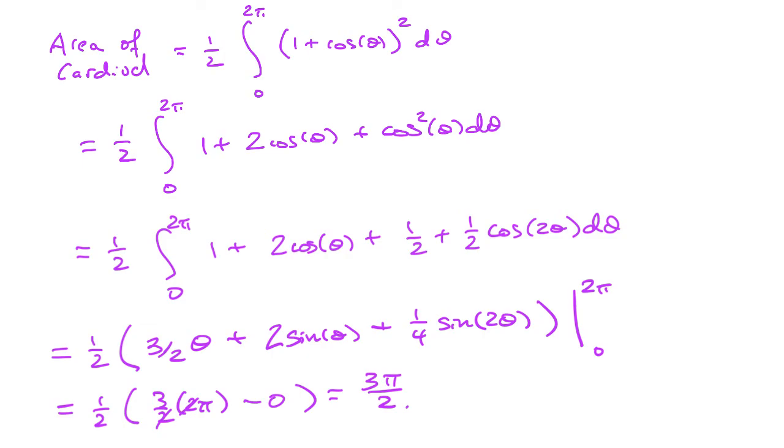Now let's calculate the area for that circle. So for the area of the circle, remember that one is going to be parameterized from 0 up to pi. So we have 1/2 r squared is just going to be our cosine of theta squared d theta.